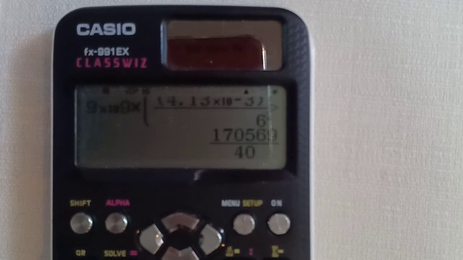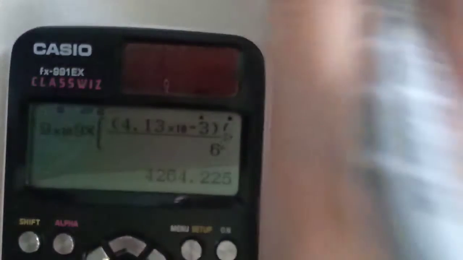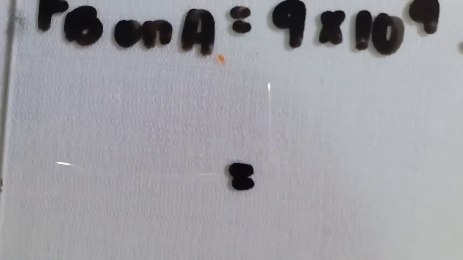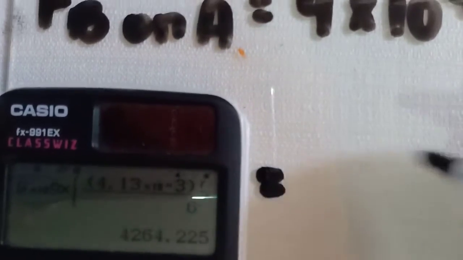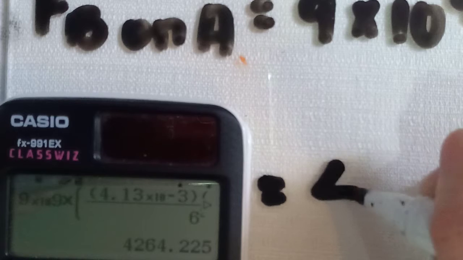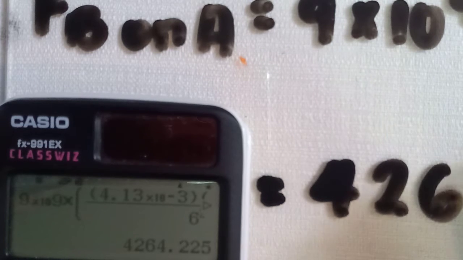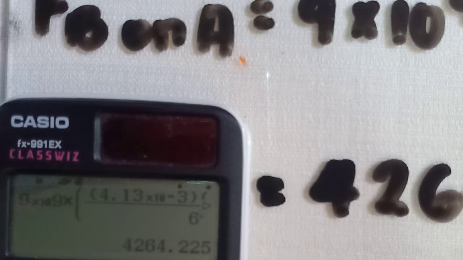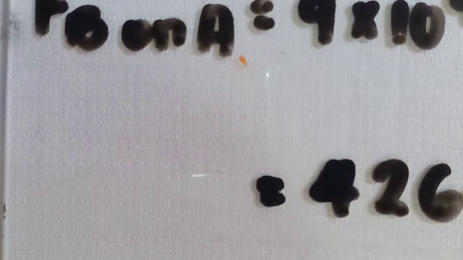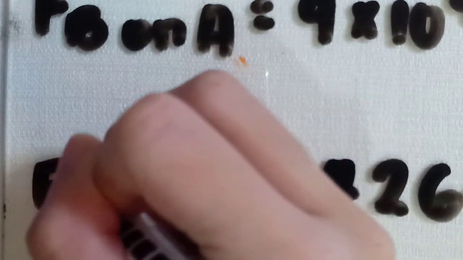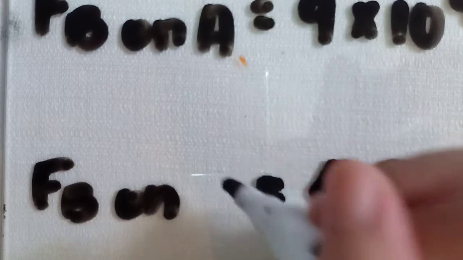We will get an answer of 4,264.23 newtons. So that's the force of B on A.